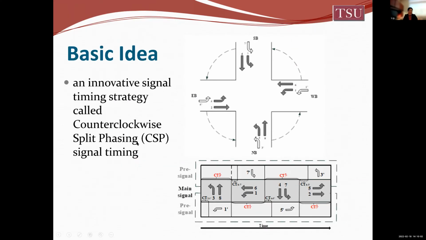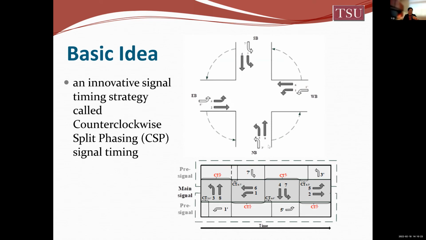In order to address this problem, we proposed a new signal timing strategy called counterclockwise split phasing signal timing. Okay, so we call it the CSP signal timing. So how does this work? The whole idea is we assign the signal in this counterclockwise direction.